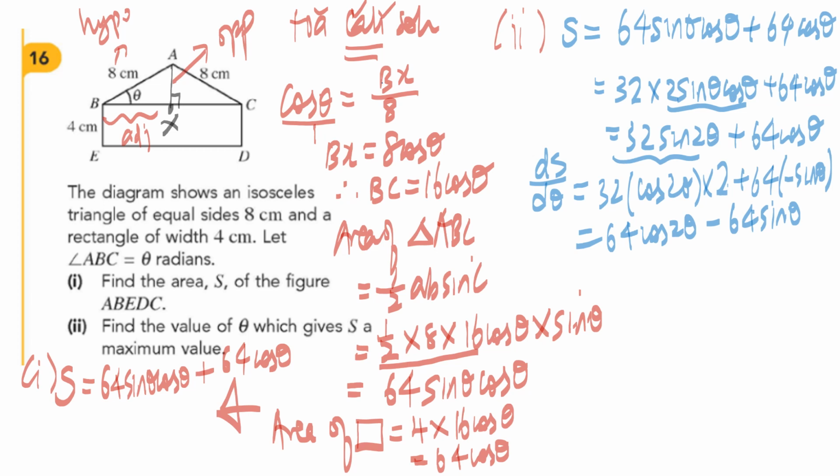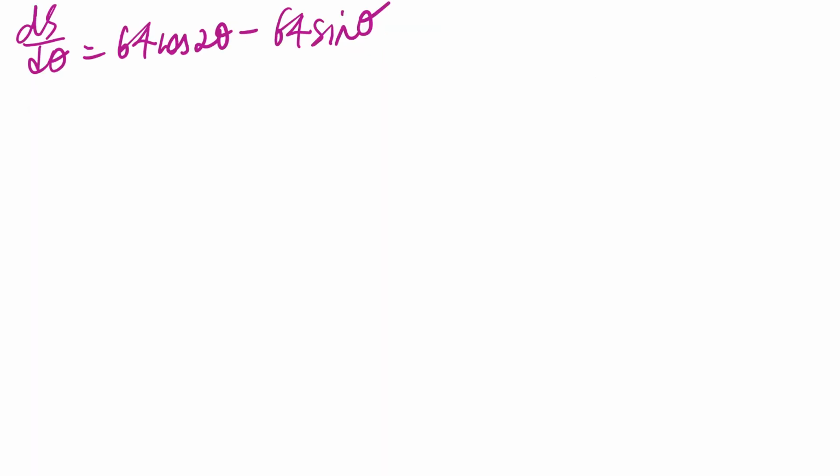For stationary, for maximum value, which is a stationary value, we let ds over d theta equal to 0. So we're going to solve for that at the next slide. You manage to find ds over d theta equals 64 cos 2 theta minus 64 sine theta. For a stationary point, we let ds over d theta equal to 0.